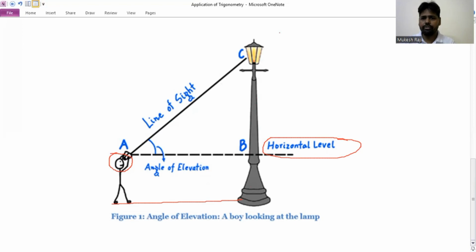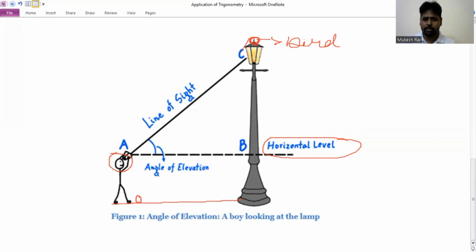Now suppose a small bird is sitting here on the lamp post, and it is trying to see an object like a mouse on the ground. Or suppose an eagle is trying to capture this mouse on the ground.